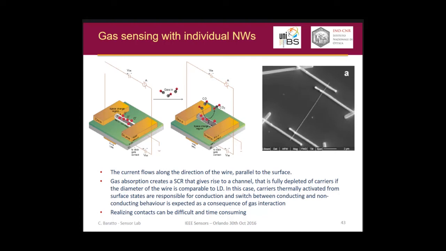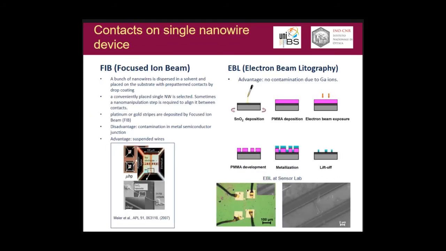Okay, so in principle, everyone wants this, but what is the challenge of this technology? You have many challenges. The first one is making contacts. Making contacts involves expensive techniques like FIB and EBL. With focused ion beam, in every case you detach a bunch of nanowires, you disperse them in a solvent and put a drop on a substrate.